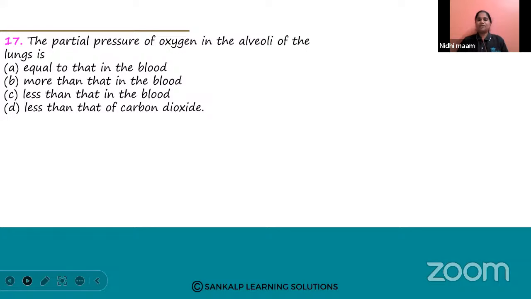So what work happens in the alveoli? What is the function done by alveoli? Exchange of gases takes place, means exchange of oxygen and carbon dioxide. So they are asking what will be the partial pressure of oxygen in the alveoli. What will be the answer here?